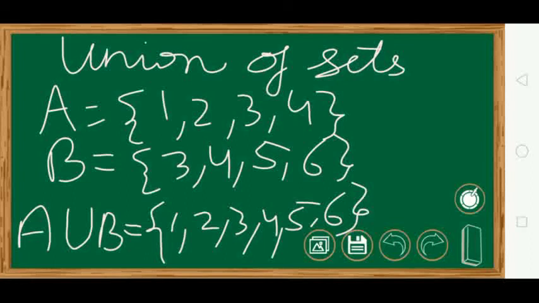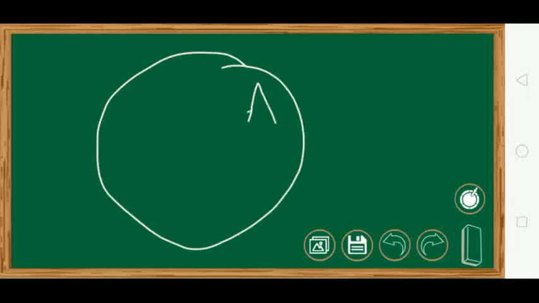Now how to draw the Venn diagram of this? We will draw like this. Take a bigger circle, name it as A, with 1, 2, 3, 4, 5, and this was 3, 4, 5, 6.